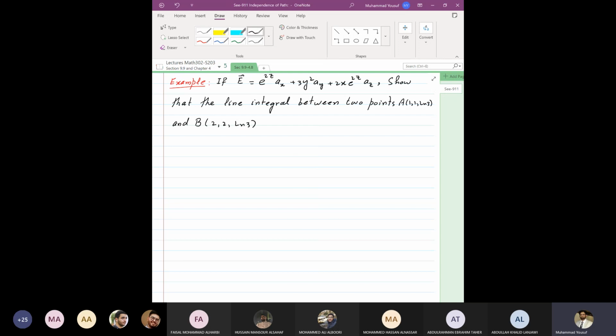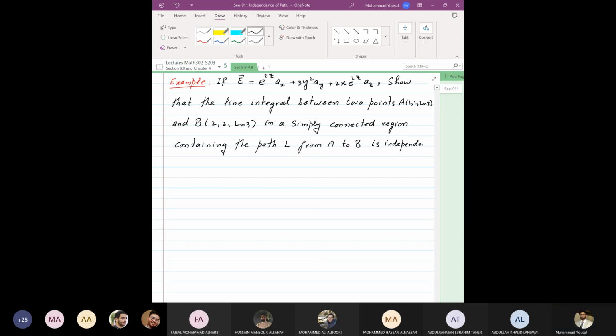Show that the line integral between 2 points A and B in a simply connected region containing the path L from A to B is independent of path.